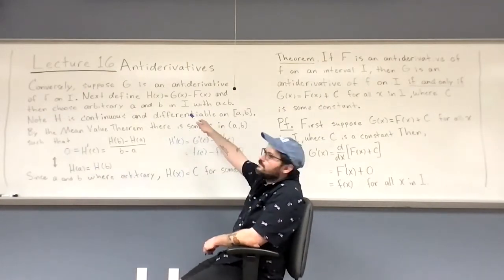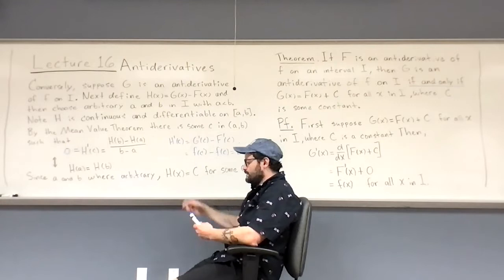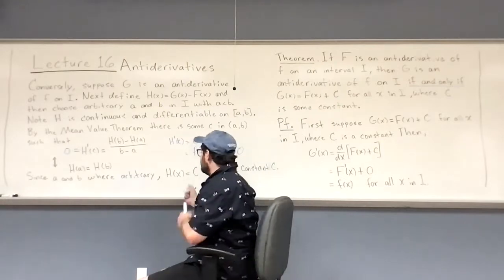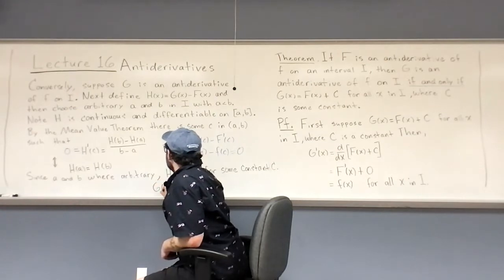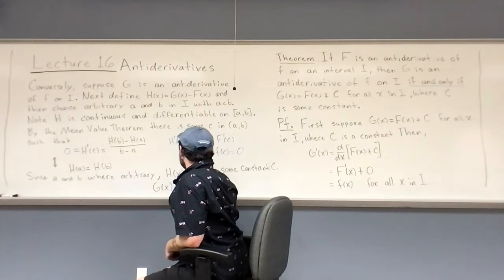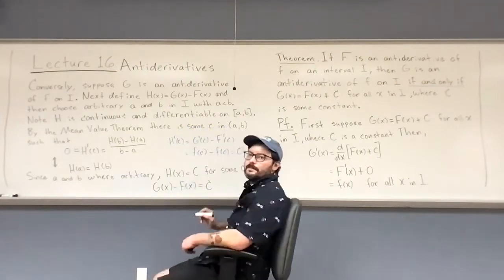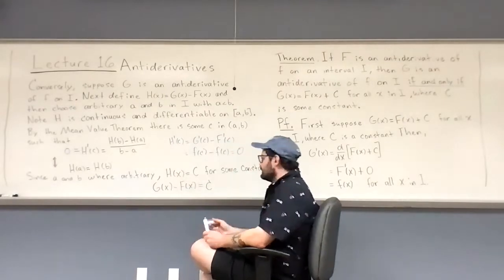But what does h equal? h is equal to g of x minus f of x, right? So here, I'm not going to be able to squeeze it in, but this is equal to g of x minus capital F of x, and that's equal to c, right? So h of x equals that.